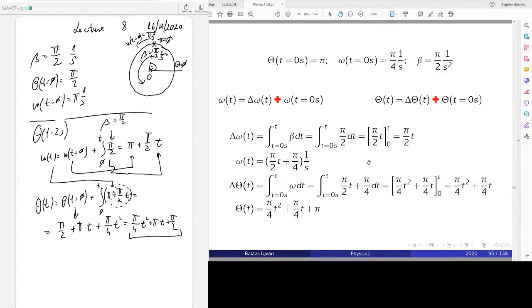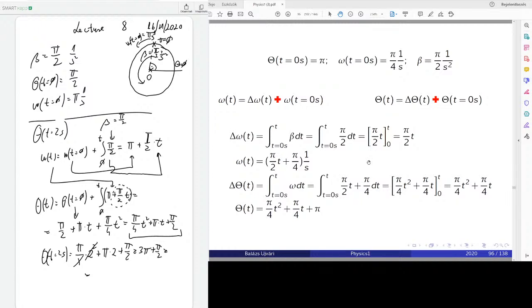The answer for the question, where is the body at 2 seconds, is pi over 4 times 2 squared plus pi times 2 plus pi over 2. This is 4, so pi, 2 pi, pi over 2 is 3 pi plus pi over 2. But you know, it's better to write how many full rotations.